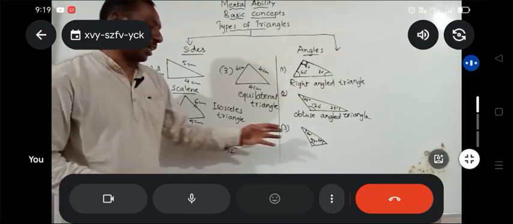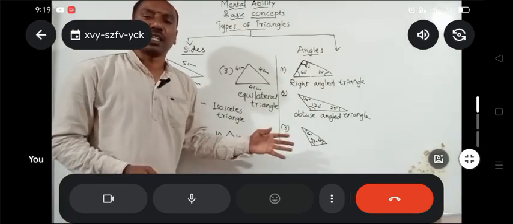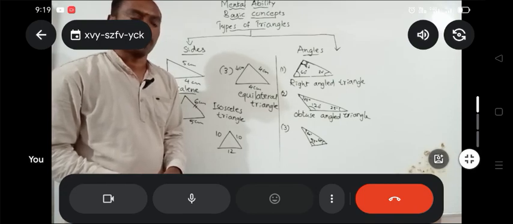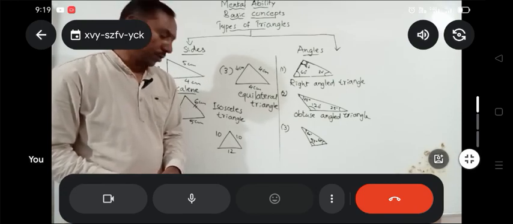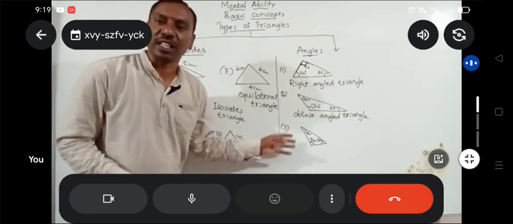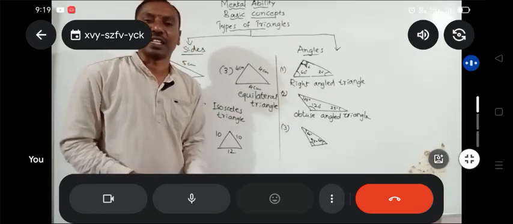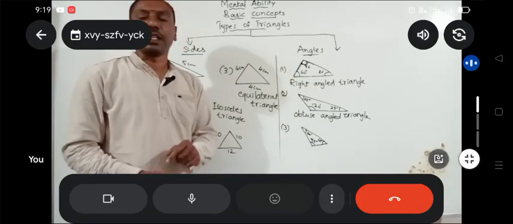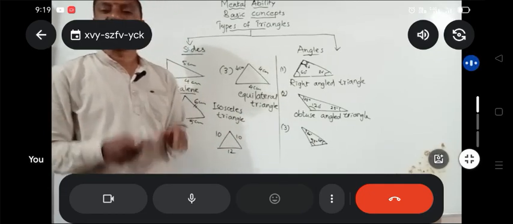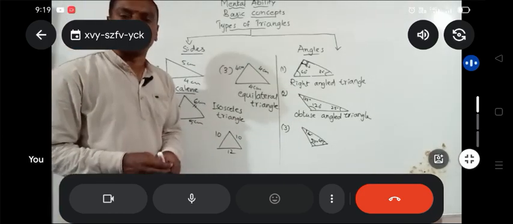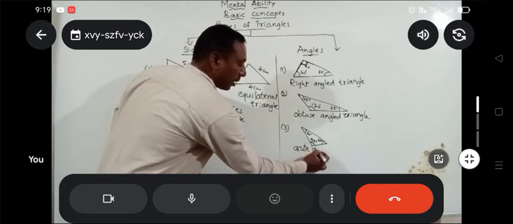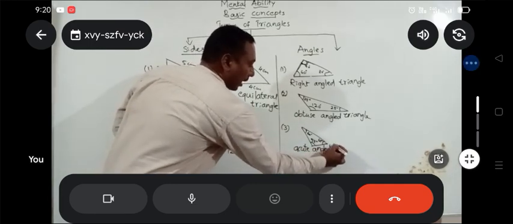Satvik, can you name what kind of angles they are? Sir, acute angles. All these are acute angles only. 60 degrees, less than 90 degrees, acute angle. 55 degrees, acute angle. And 65 degrees also, less than 90 degrees, that is also an acute angle. When all the angles are acute angles, we call that one an acute angled triangle.